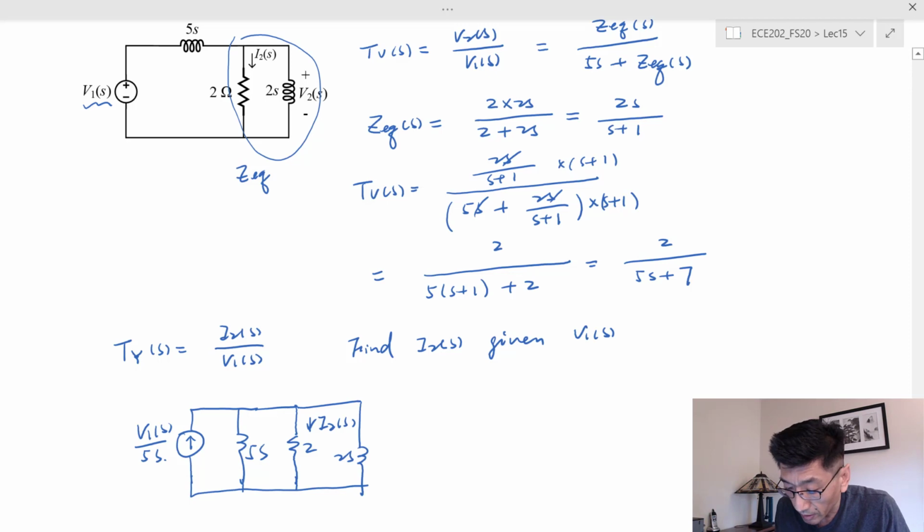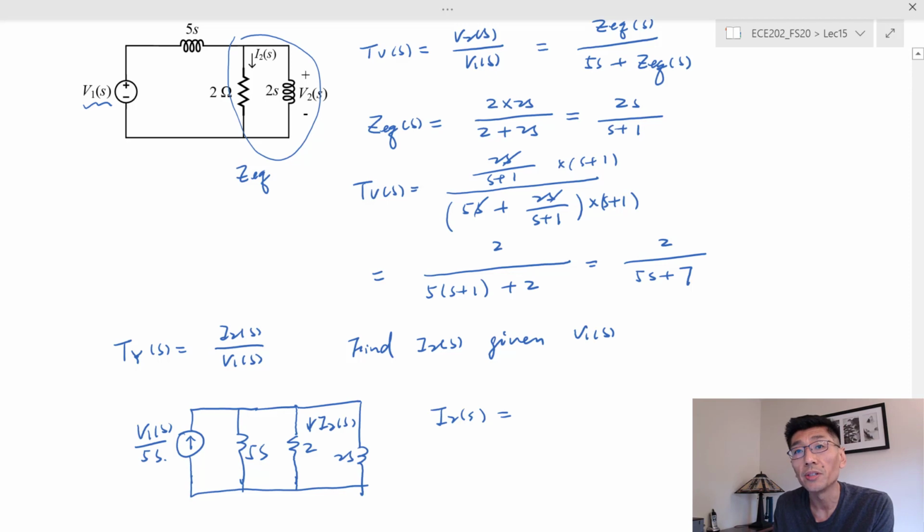So in this case, I can do the current division, right? I2s should be equal to the total current divided by, so in this case we have 3 impedances in parallel, right?